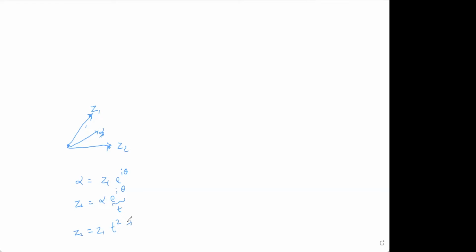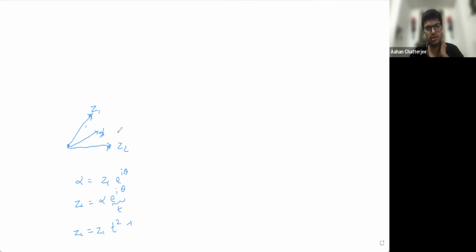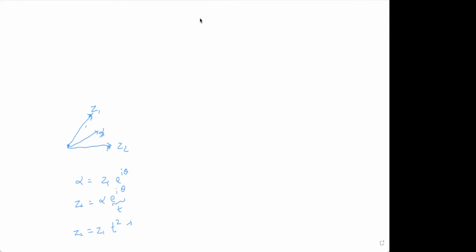So again a quadratic, and alpha is also a root of a quadratic.